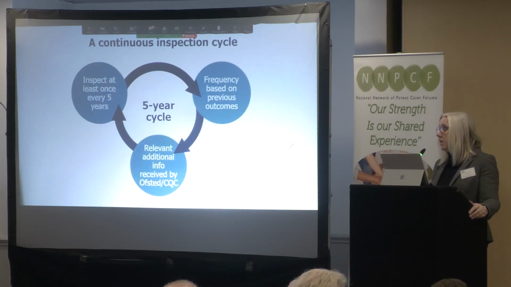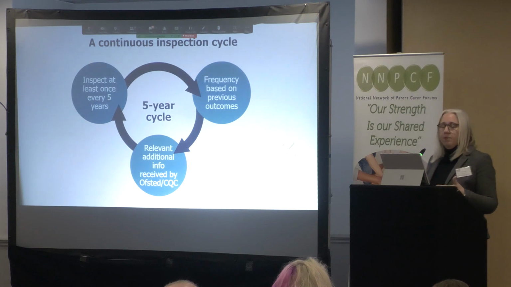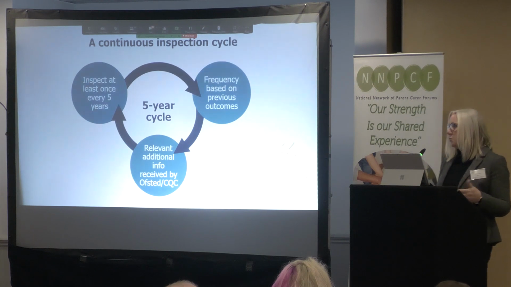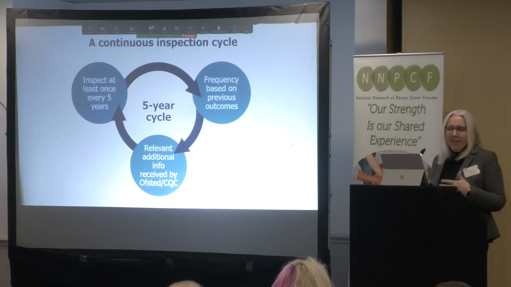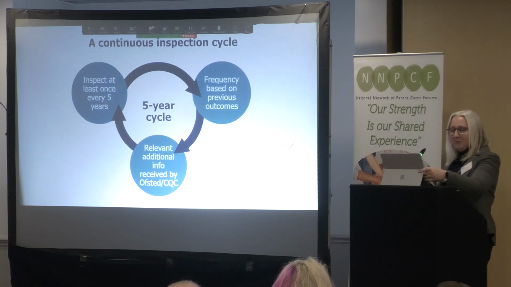That could come from other inspections in the area, or from intelligence in that area. They'll also be scheduled around what other inspections are taking place, so that local area partnerships are not suddenly besieged with a JTAI, an ILACS and an Area SEND inspection all within weeks of one another.